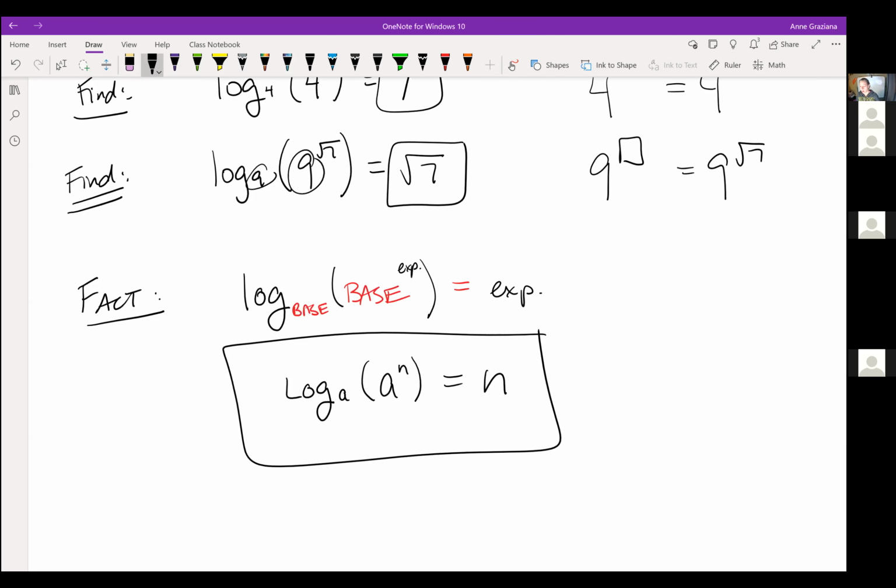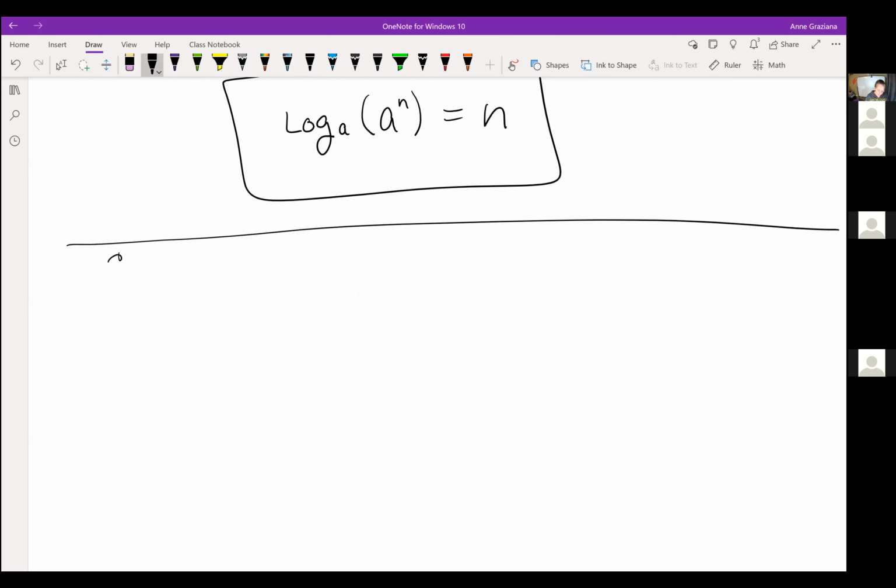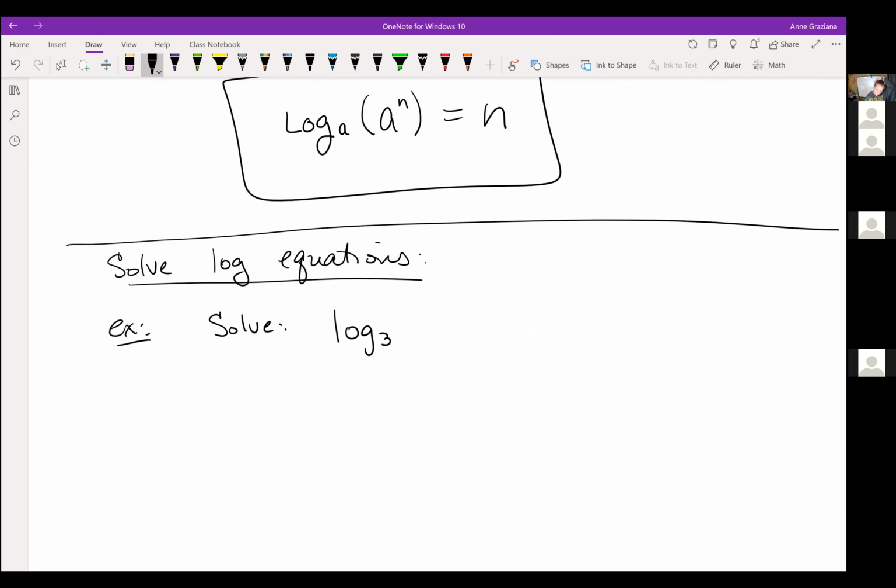Okay. All right, let's solve some log equations. What we're going to do is solve some basic log equations. So here's an example. Solve log base 3 of x equal to 4.